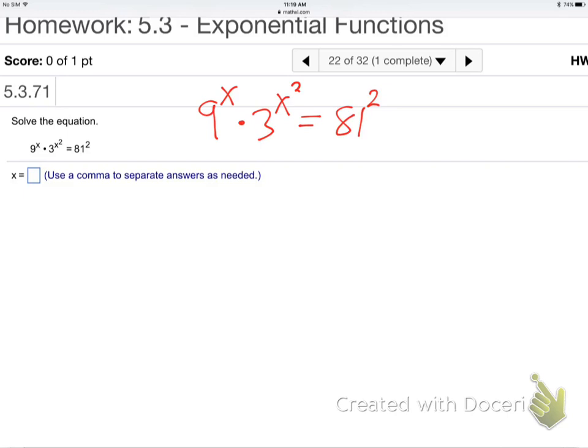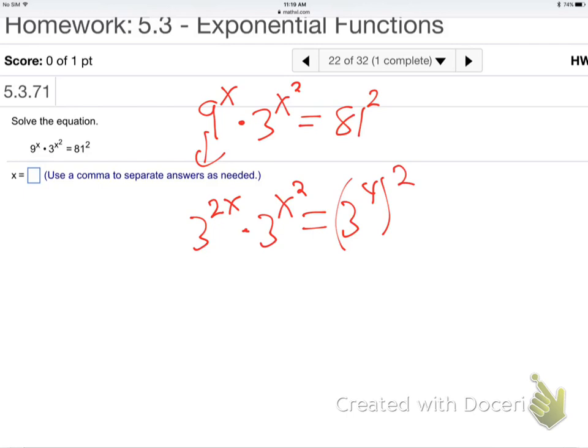So that 9 is 3 squared. The 81 is 3 to the 4th, right? Use your calculator on that. Is that good? Is that coming out good for you? So 4 threes multiplied together. It's 81. We good there, and then the 9 is 3 squared.